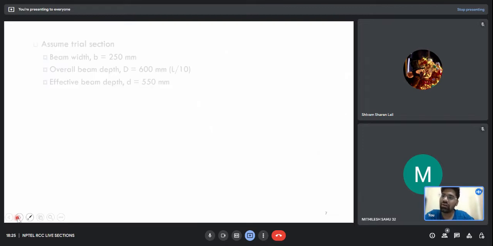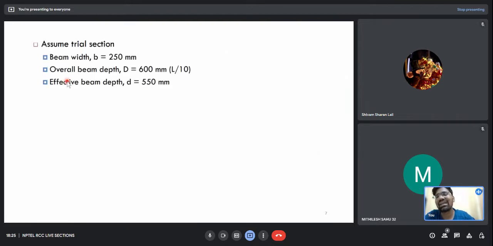Okay, so we have the grade of concrete. Now let's assume a trial section. I have assumed a width of 250 and let's assume the depth of the beam as the total span divided by 10. So our total span center to center is 6 meters, so 6000.